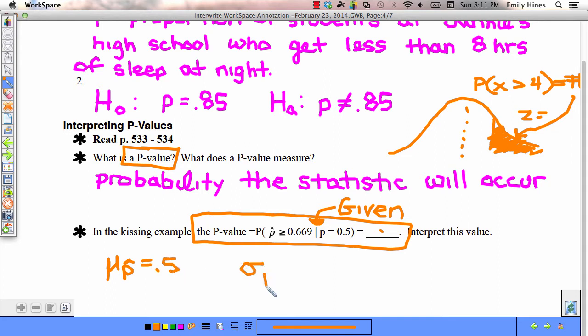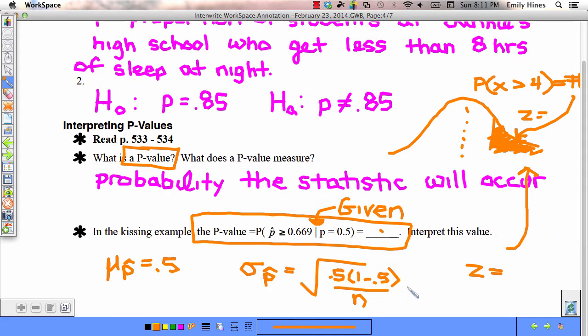I would say the standard deviation of p-hat is equal to the square root of 0.5 times 1 minus 0.5 divided by whatever the sample size was. Then I would find my z-score, and then I would look to my curve, its proportions, that's why we use a z-score, and I would find that probability.